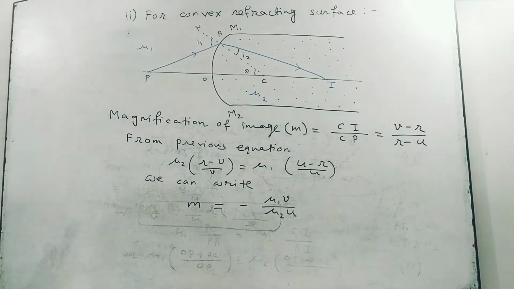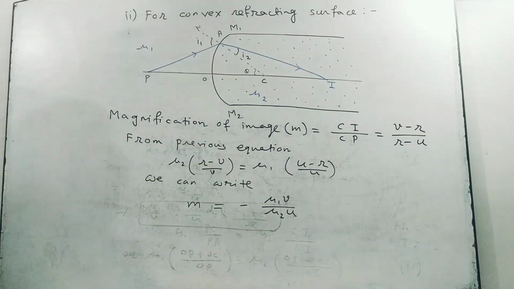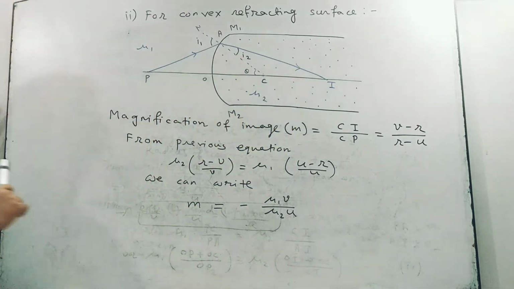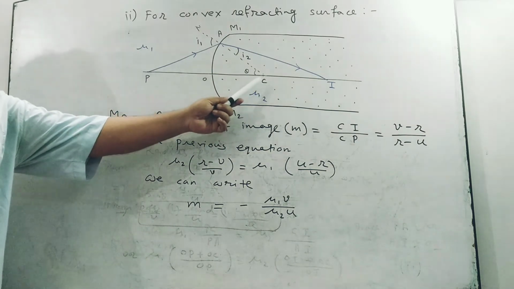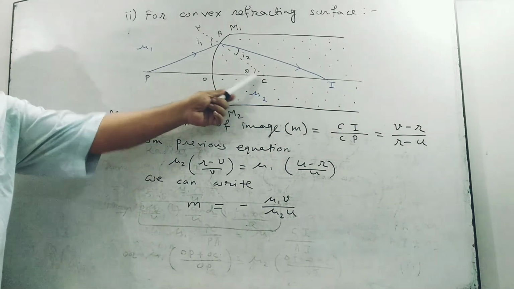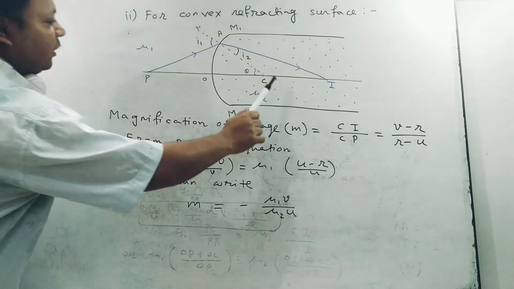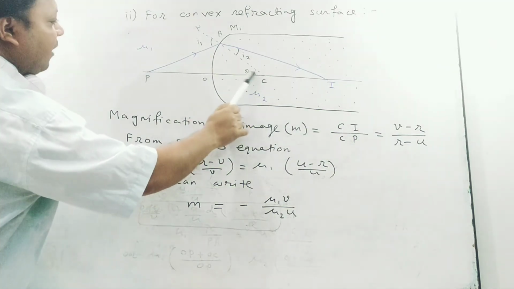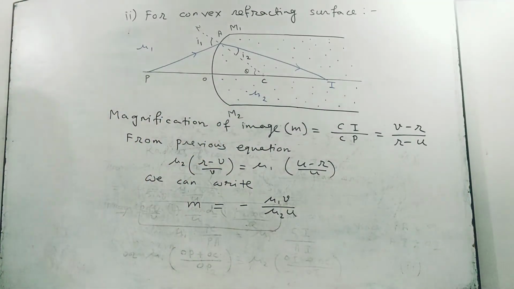Now magnification of image m is equal to CI by CP, that is image distance from center of curvature by object distance from center of curvature. This is equal to (v minus R) by (R minus u), taking sign convention.